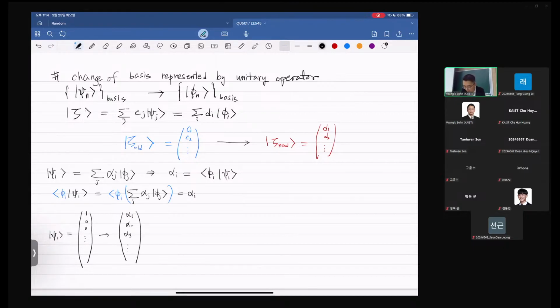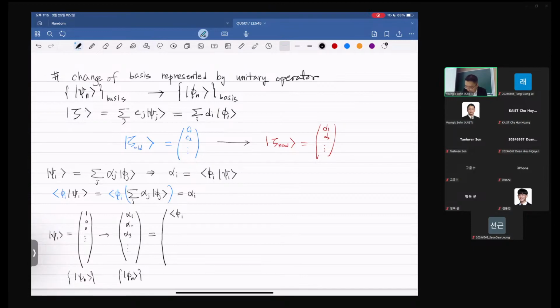The first one is with the psi n basis. The underlying basis you're assuming is different. They're two different things.